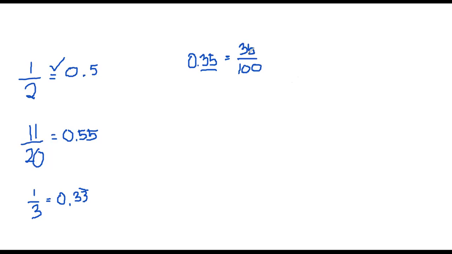Okay? So tatandaan, dito madali lang. Kapag non-terminating or not repeating decimal siya, ang gagawin natin, 35, then sa baba, 100. Kung 2 digits yung taas natin, 100 yung ating baba. Kasi hundreds to, diba? 35 hundreds siya.